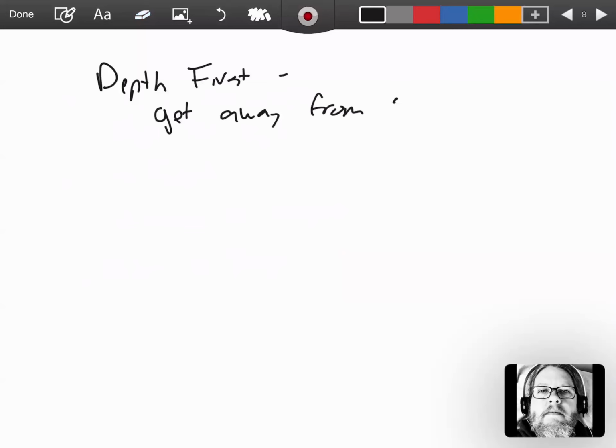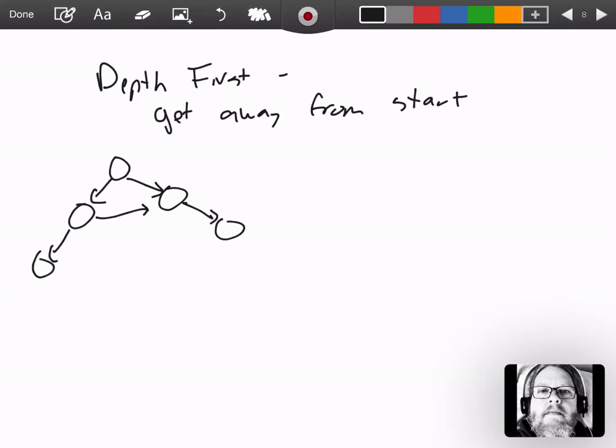Whatever your data structure is, with a depth first, if we start here, we're going to go here and then go someplace else. We're going to keep moving away and then only then go back and see what we missed. That's a depth first.